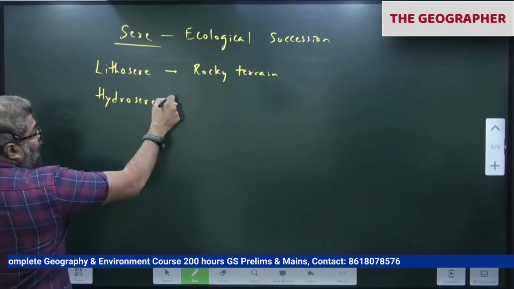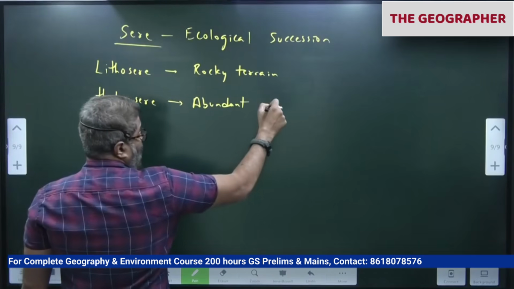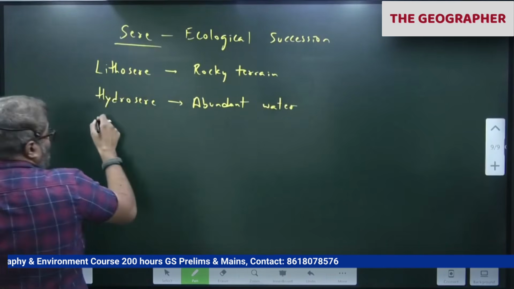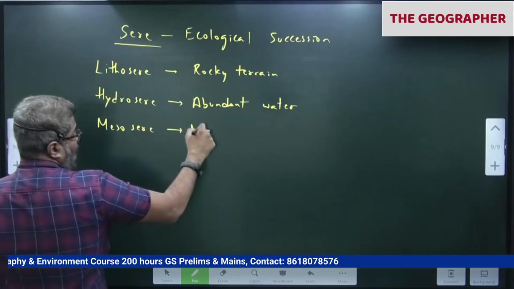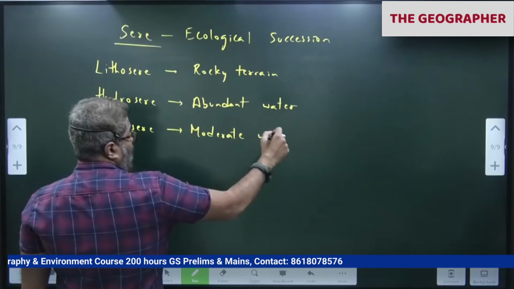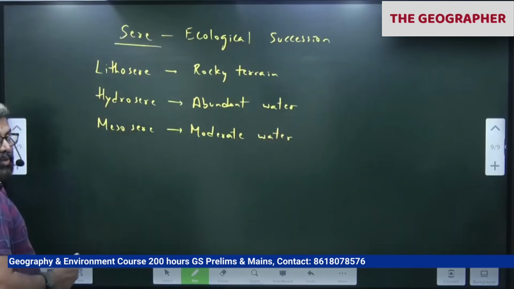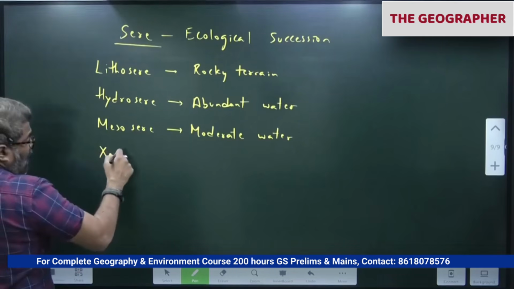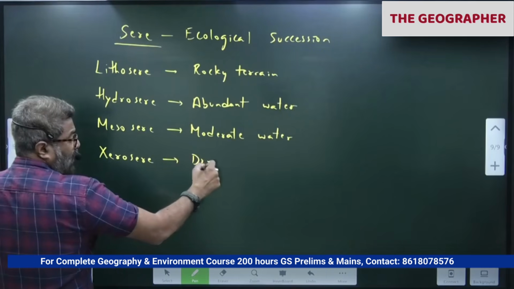Okay. Lot of water is there: hydrosere. Hydrosere is when there is abundant water. Mesosere, when there are moderate levels of water. Moderate water conditions. Mesosere. Okay. Xerosere, when dry conditions. Desert.